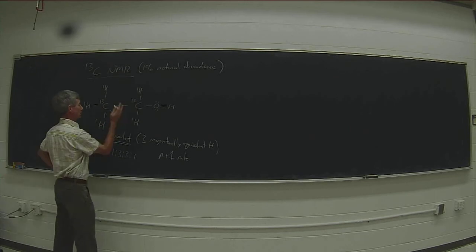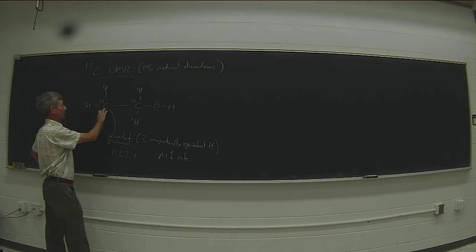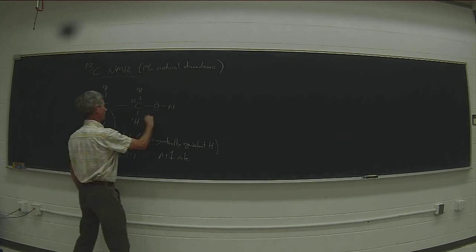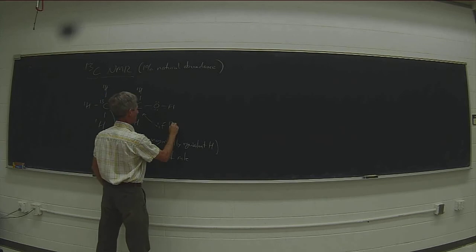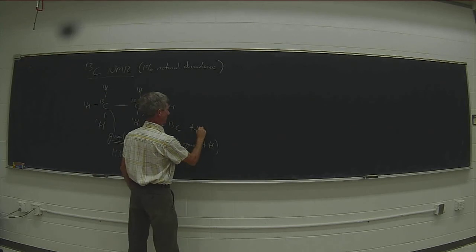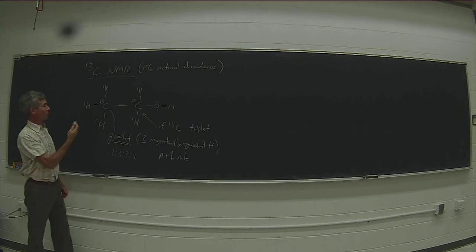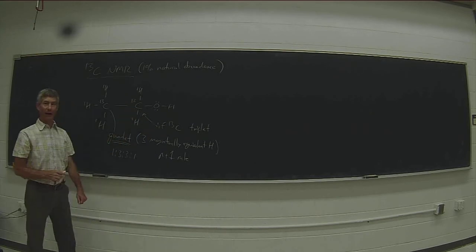On average, on a large number of molecules, sometimes this will be carbon-13, sometimes this will be carbon-13, and we would expect for this one, if it were carbon-13, to see a triplet, because there are 2 adjacent hydrogens. And we would also expect to see it further down here.